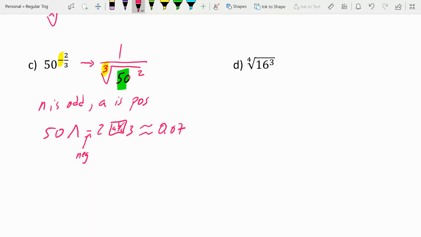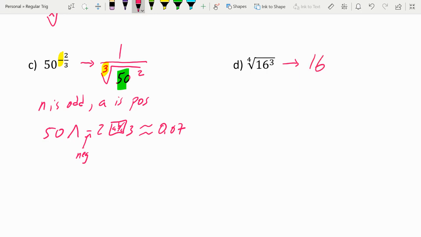Okay, now let's look at D. This time I gave it to you in radical notation. All right, I gave it to you in radical notation. Now convert it.